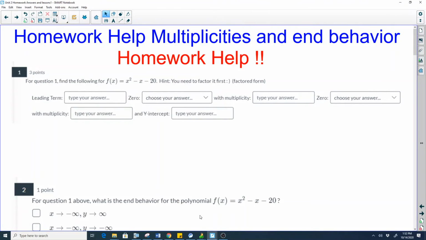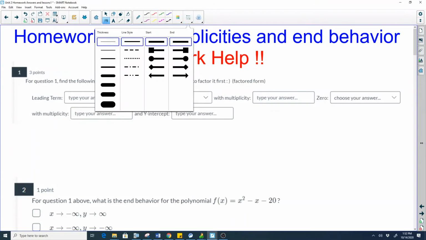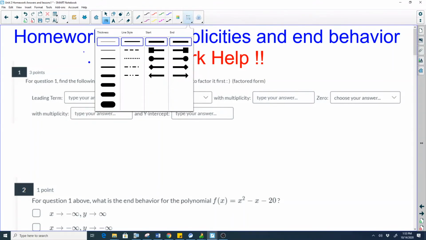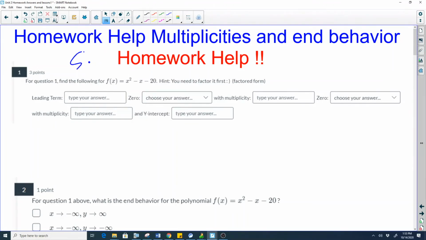So first of all, the leading term. Usually the problems we give you are in factored form. For example, this one will be in factored form: x squared minus x minus 20.